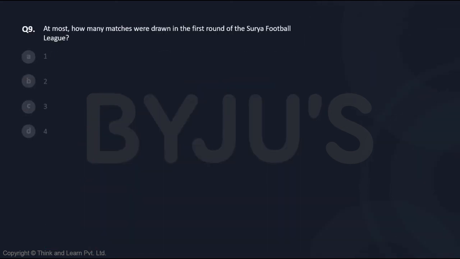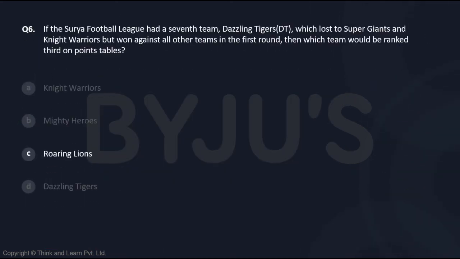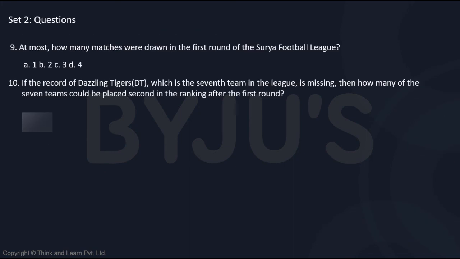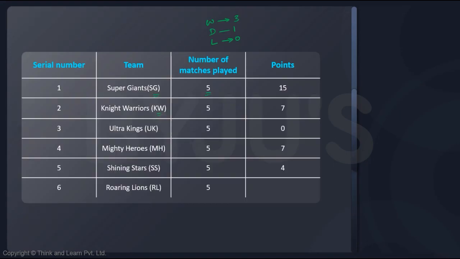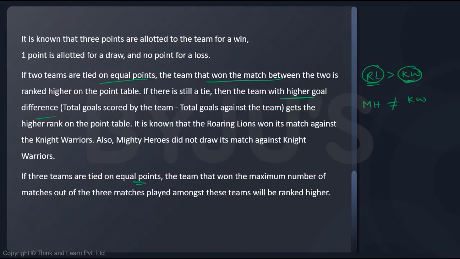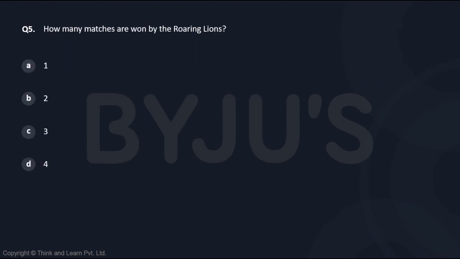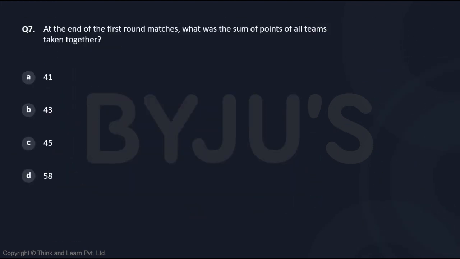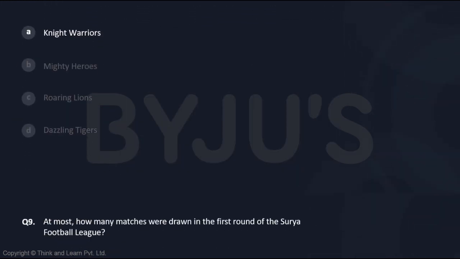So let's take a look at the statement that's been clearly given to us in the beginning. So yeah, we have this here. If 3 teams are tied on equal points, the team that won the maximum number of matches out of the matches played against these 3 will be ranked higher. So who won the maximum number of matches in this particular question? Draws are not taken into account.